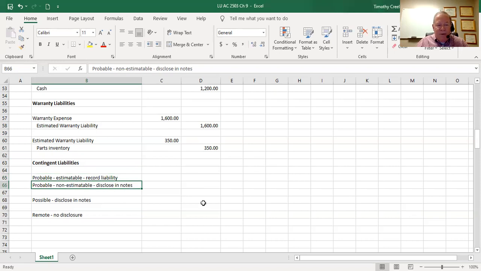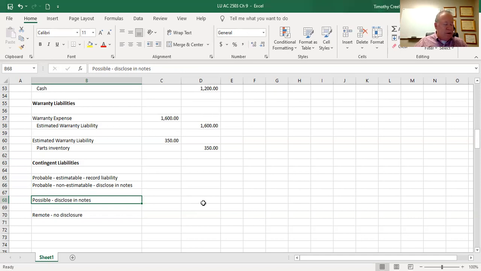Now, if it's probable and you can't estimate it, your lawyers do not know how much you're going to lose, then you would simply disclose it in the notes. Now, if it's possible, then you would also just disclose it in the notes. So if it's possible you're going to lose, but it's maybe 50-50 or less than a 50% chance, you would just disclose the possible loss in the notes.